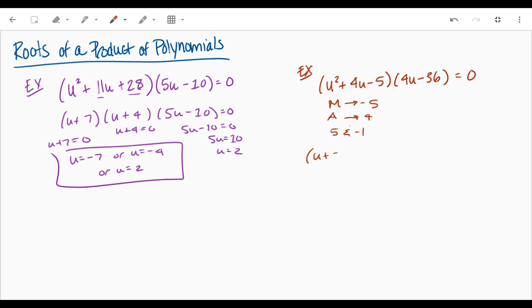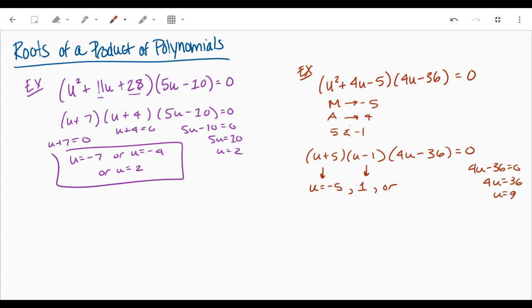So we'll have u plus 5, u minus 1, 4u minus 36 equals 0. So from this one, u would be negative 5. From this one, u would be 1. From this one, 4u minus 36 is 0 when 4u is 36, so u would be 9. Okay? All right, moving on.